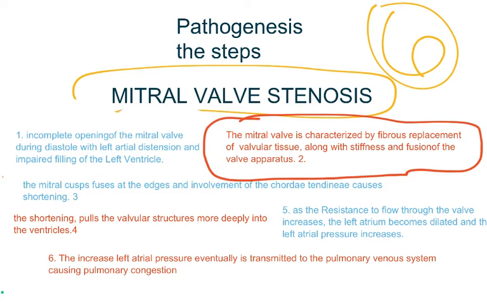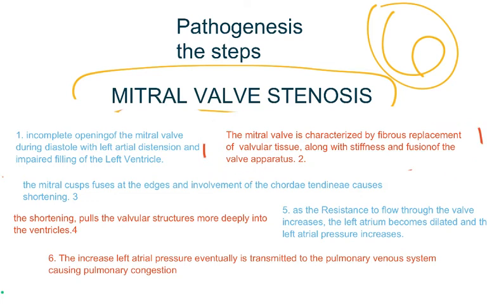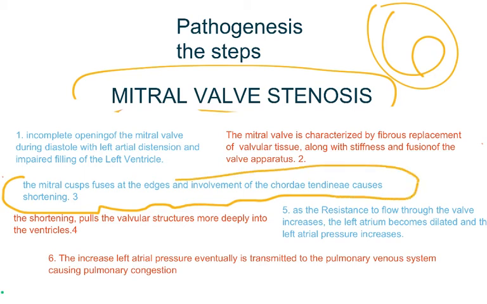So we know that's what's happening. Then in step number 3, the mitral valve cusps at the edge, and involvement of the chordae tendineae, causes shortening. So now we know there's shortening.